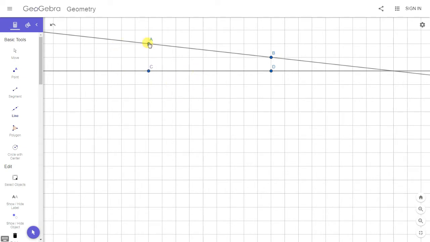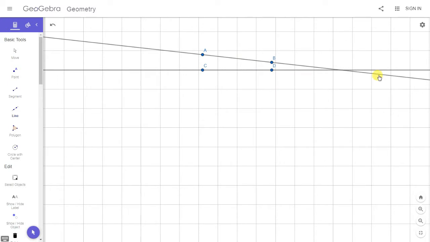For example, if you measure the distance between these two lines from here, the distance is 2, and if you measure the distance here, it is only 1, right? And you can also see that if we extend these lines, they meet each other. So these sorts of lines are known as not parallel lines. I hope you have understood what parallel lines are.